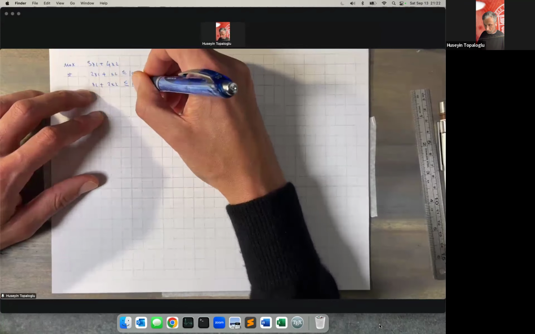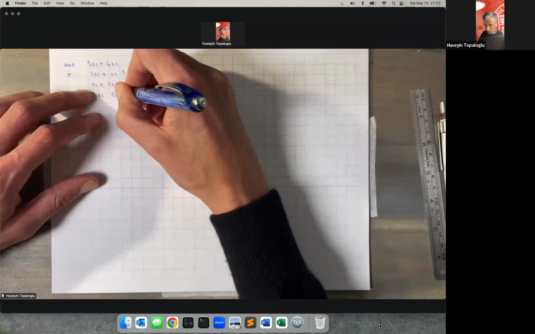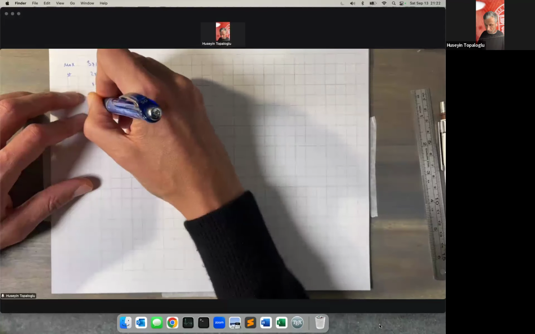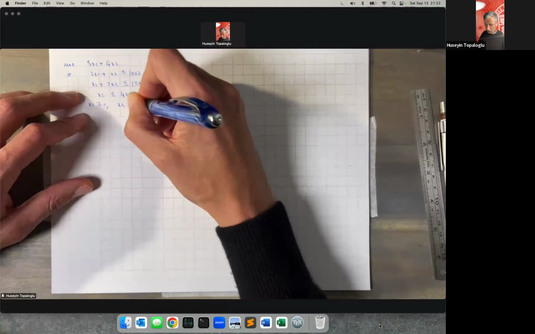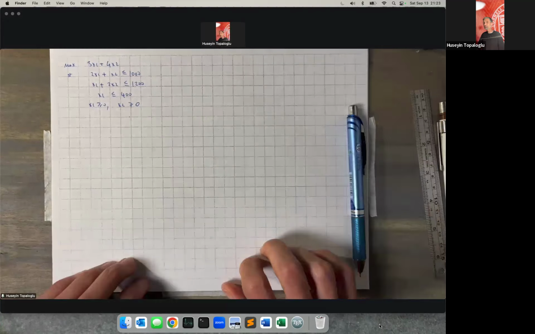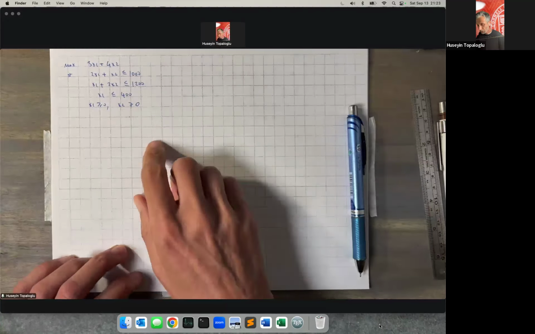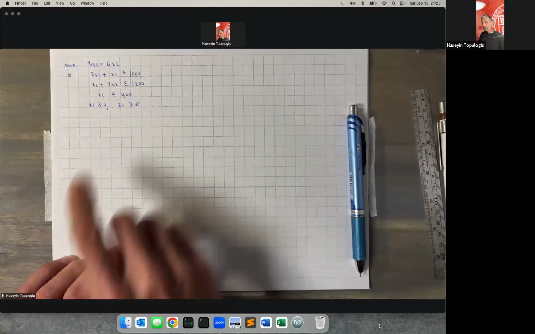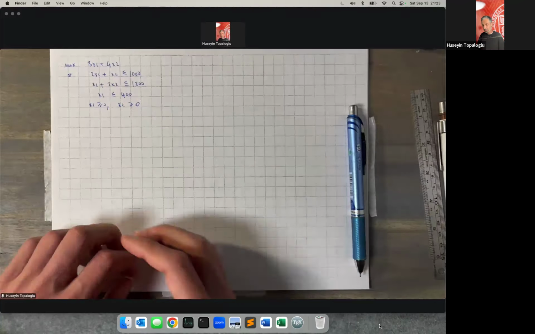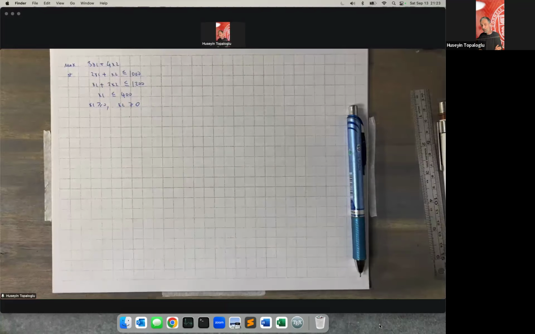So x1 plus x2 is less than or equal to 1000, x1 plus 2x2 is less than or equal to 1200. Let's say x1 is equal to 400, and x1 and x2 are non-negative. Okay. Let's design an algorithm that is going to allow us to solve this linear program. 2 decision variables, 3 inequality constraints, and our decision variables are restricted to be non-negative.